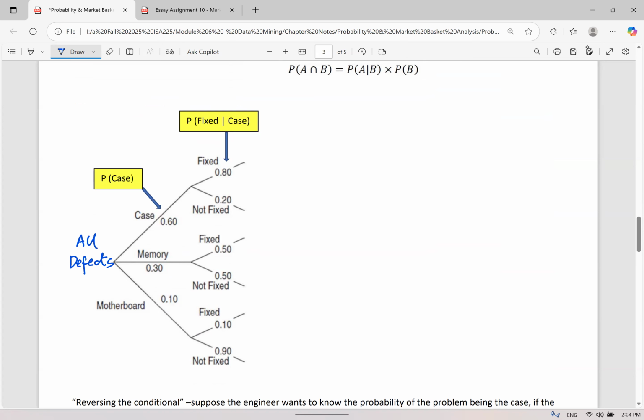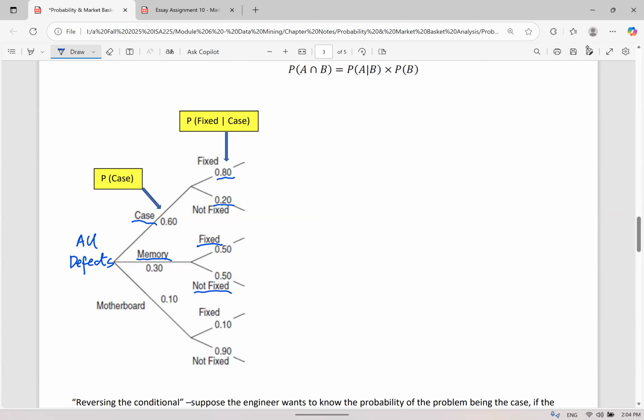A case alignment problem is easy to fix: 80% can be fixed and 20% cannot. For memory defects, 50% can be fixed and 50% cannot.